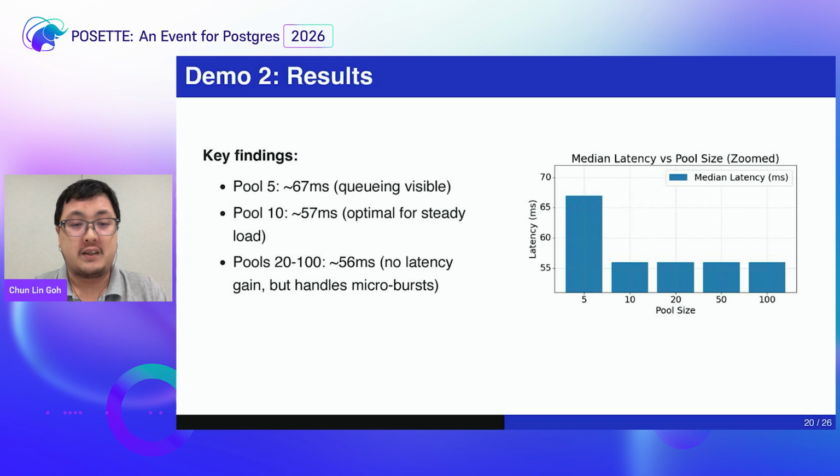So we found that the optimal for steady load in our demo can be handled by a pool size of 10. When you add more to the pool size, it doesn't help much with the latency. It will always stay at around 55, 56 milliseconds. So this is the coolness of doing modeling and simulation to find out the results before you actually deploy.